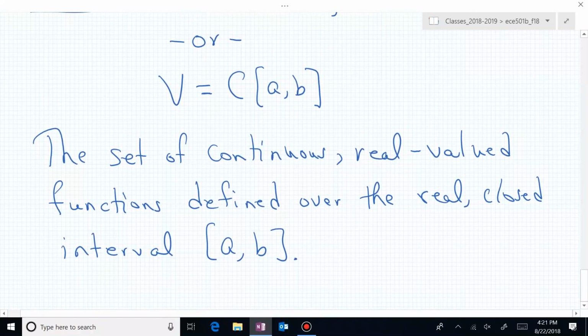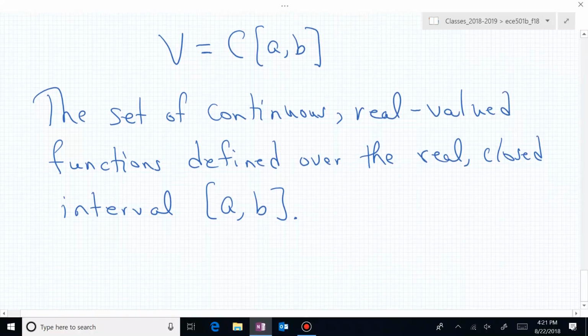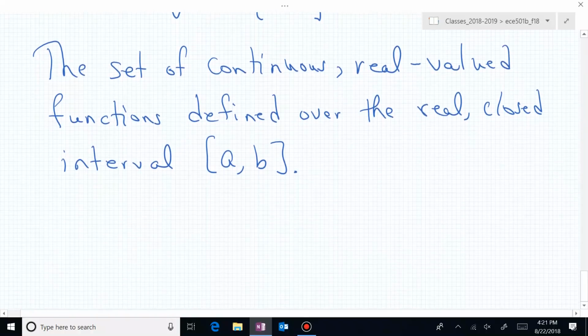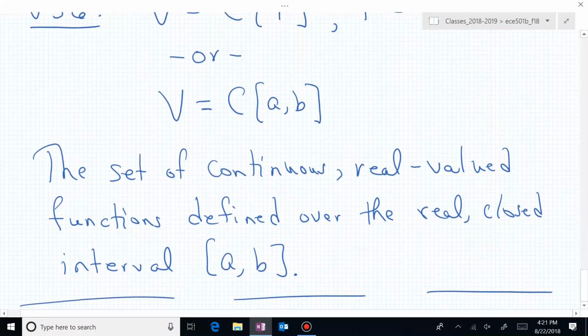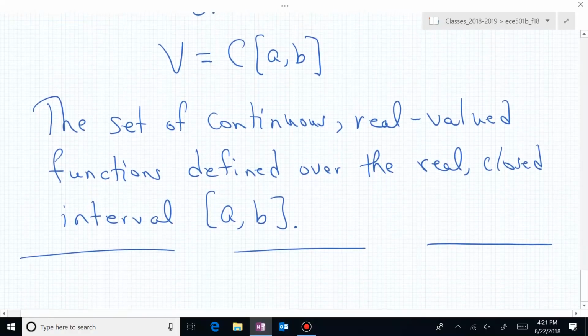And that's infinite dimensional. But now you pick one of those objects, a vector, you pick another vector from that set, you can add them, you can scalar multiply them, and you can have the 0 vector. It's identically 0 between a and b. And you have all the other properties of a vector space satisfied by that example, example 6.